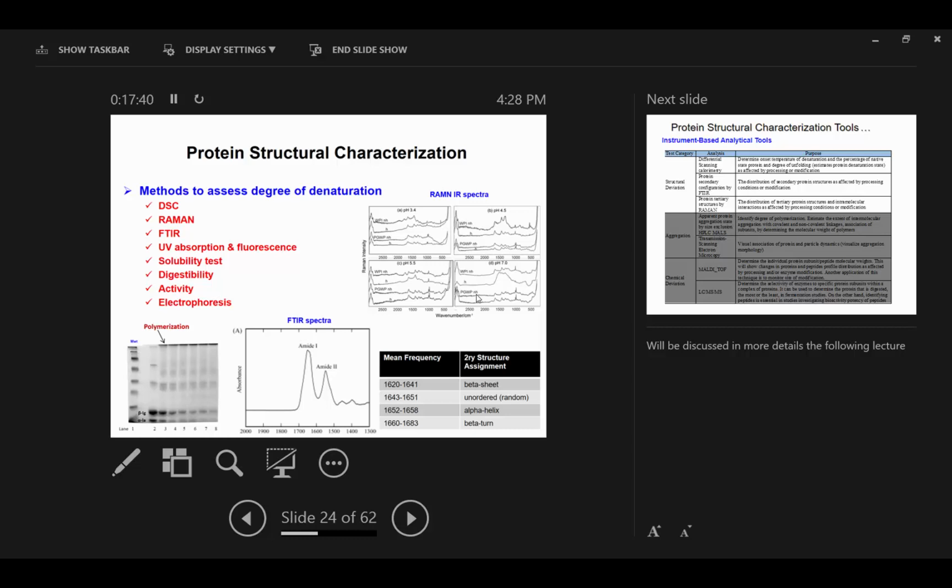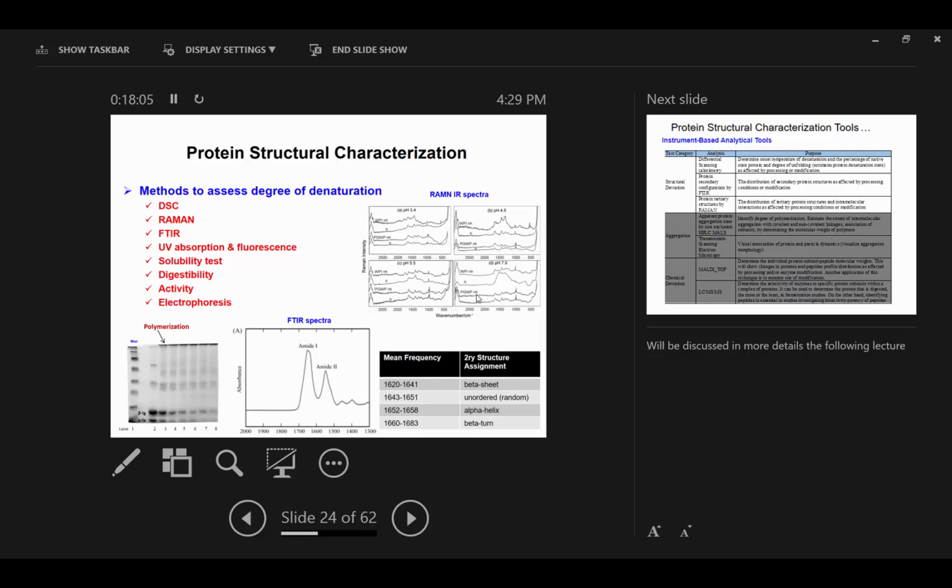Digestibility is also an indirect method, because partial denaturation actually has a positive impact on digestion, since the protein is opened up. The digestive enzymes will have easy access to the hydrolysis sites, so you will have enhanced digestibility.